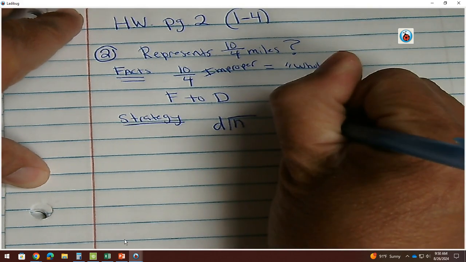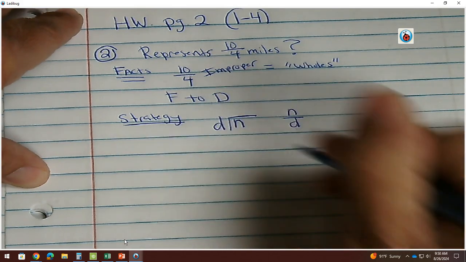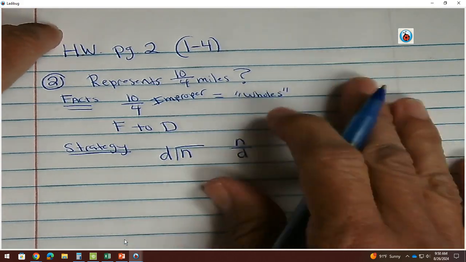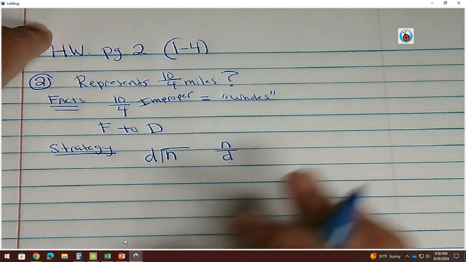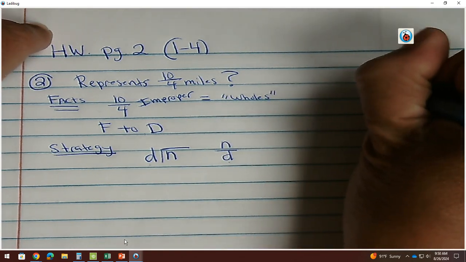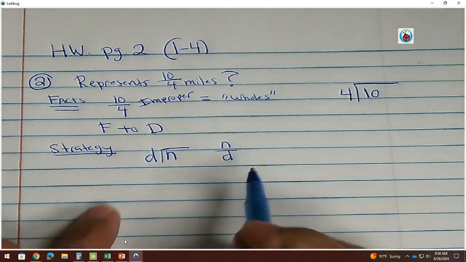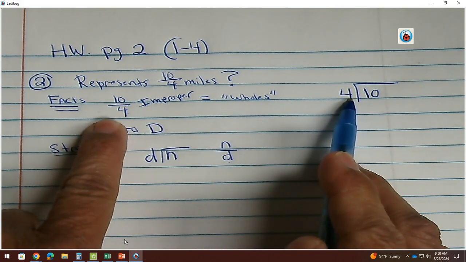So if I have n over d, the d better be outside. Now I'm ready. I'm going to use a space here on this side. It doesn't matter. You can continue going down and then draw over here. So 10 divided by 4. If you notice what I did, the bottom stays outside, bottom out.